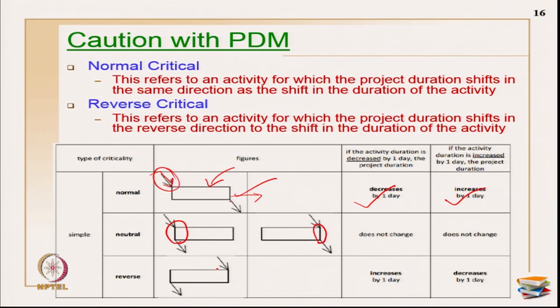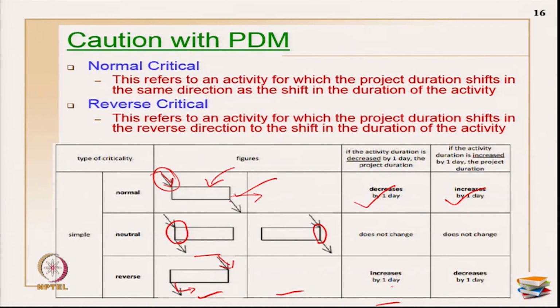Then what will happen in neutral? There is no change at all when you are increasing the activity duration. If you are increasing it by 1 day, there is no change at all to the project duration. Okay. In reverse critical, the predecessor has to be on the finish side, and the successor's relationship has to be on the start side of the activity.